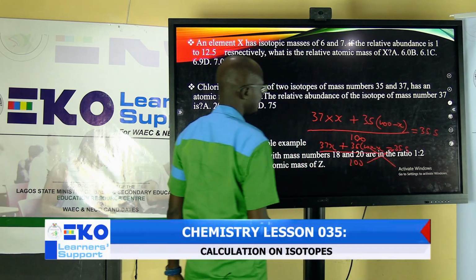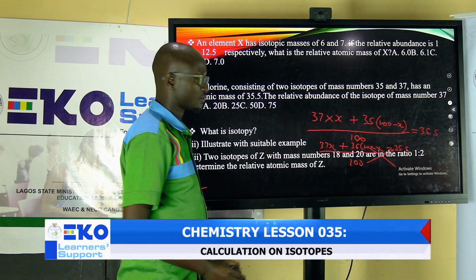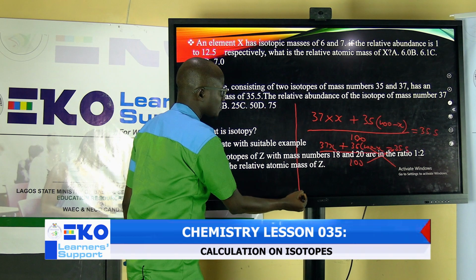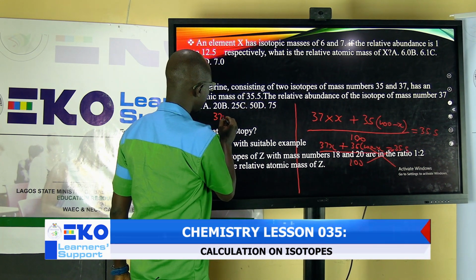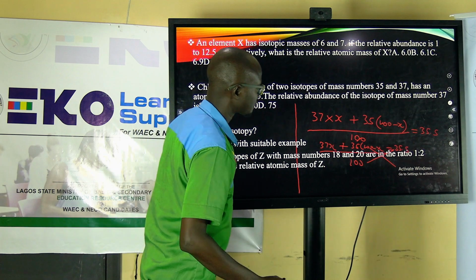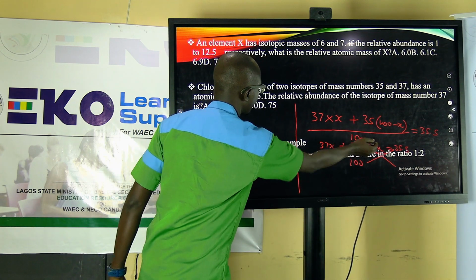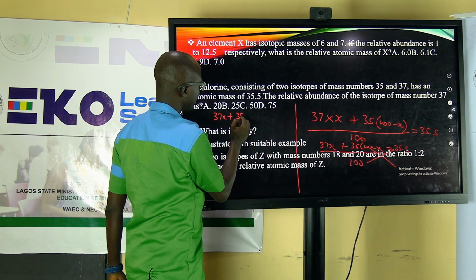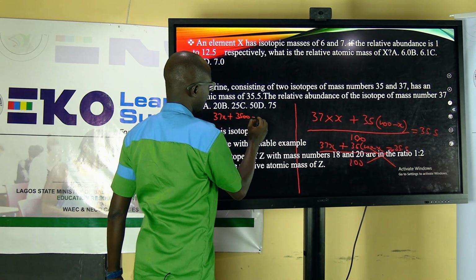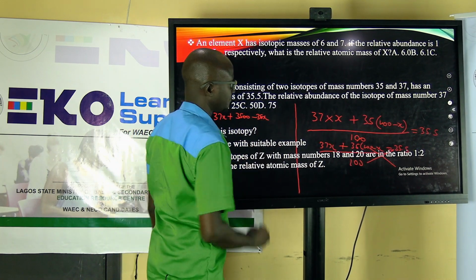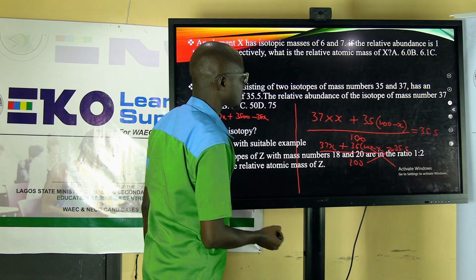I cross multiply. So once I cross multiply, what does it become? 37x plus, I can open the bracket now, 35 times 100 is 3500. 35 times minus x is minus 35x. So that's what is there.